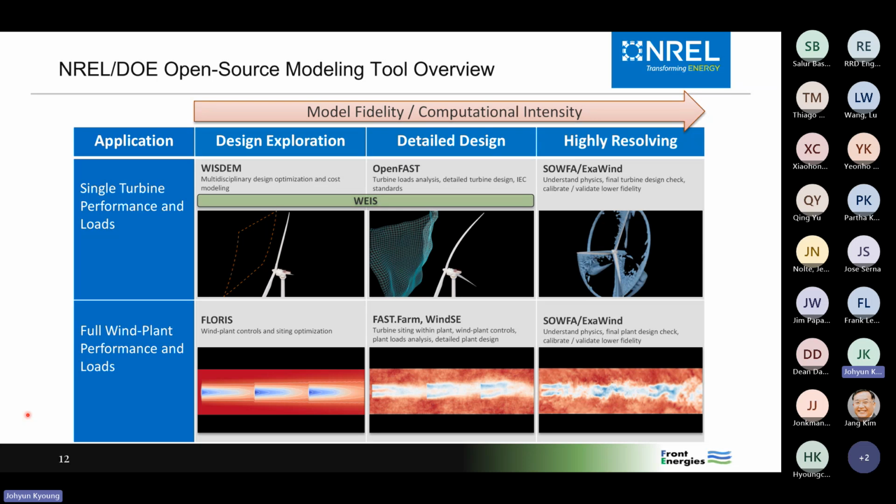The bottom row is about full wind farms, and the natural extension of OpenFAST to the farm level is a tool we call FAST.Farm, and I have one slide on that. Really, it's how do we handle the wakes in the wind farm, how do we handle shared moorings, how do we handle control at the farm level? We also have a whole group at NREL focused on very high-fidelity simulations, resolving as much physics as we can through computational fluid dynamics.